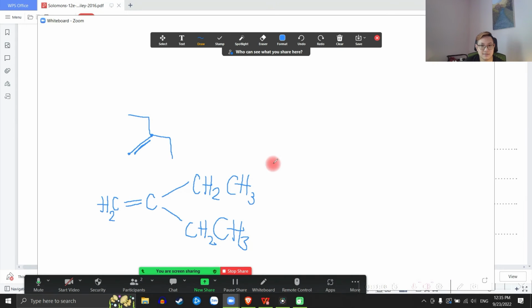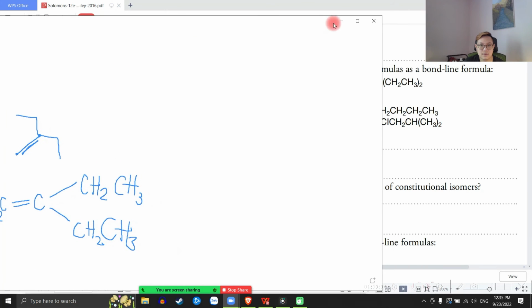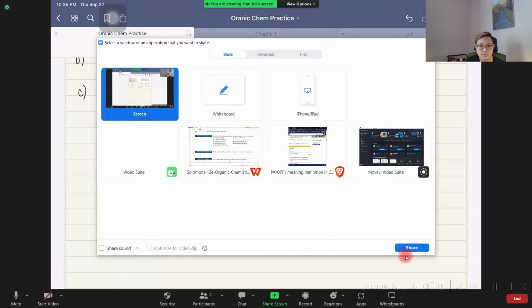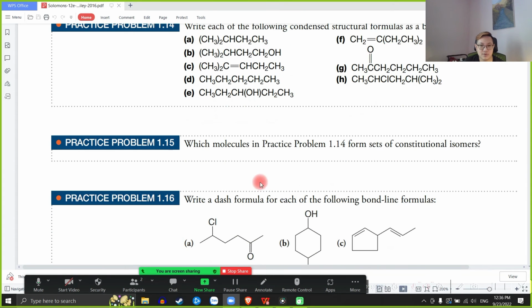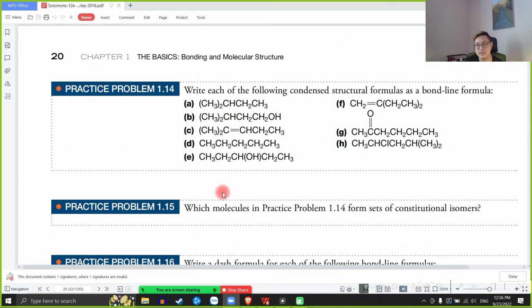Okay, let's try the practice 1.16. Yep, 1.15, right? It asks what molecules in practice problem 1.4 form sets of constitutional isomers.